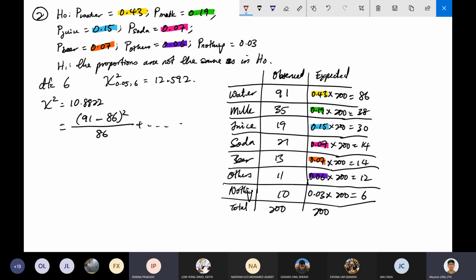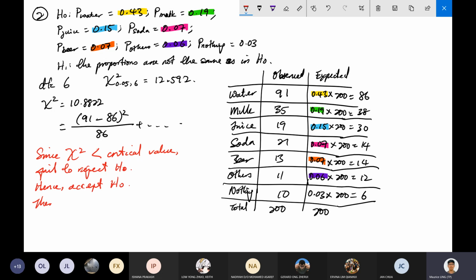Fail to reject. Correct. So since the Chi-Square statistic is lesser than the critical value, you fail to reject the null hypothesis. And you accept the null hypothesis.